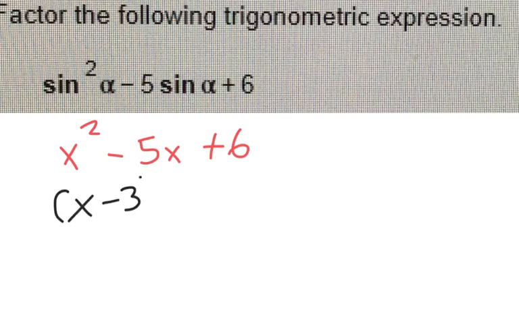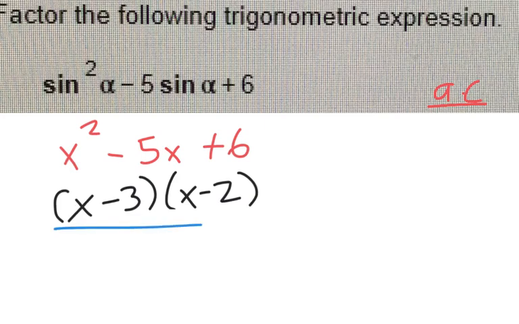That would be x minus 3 times x minus 2. I just factor that by sight. I'm not sure how you're used to factoring. Another way some people teach to factor is to do the a times c method. If that sounds familiar, you would do that here. So this is what it factors to be.